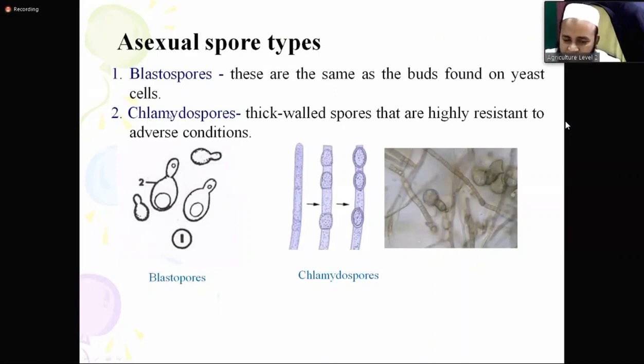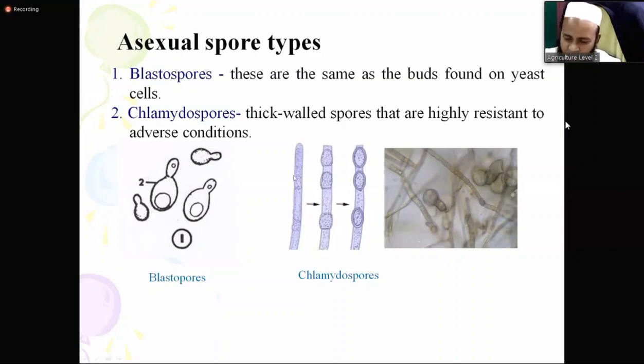A very important thing is chlamydospore. What is chlamydospore? Thick-walled spores that are highly resistant to adverse conditions. These are nothing but cells of the mycelia.